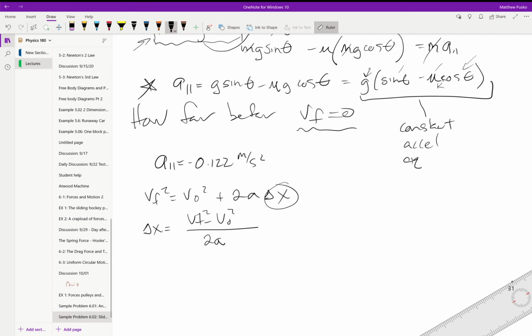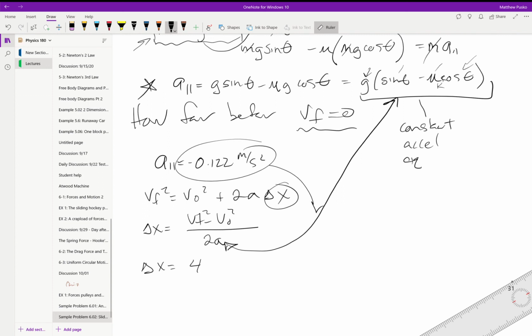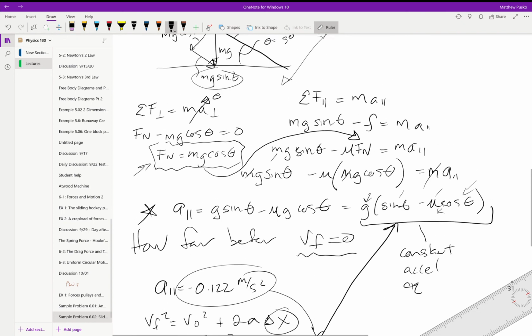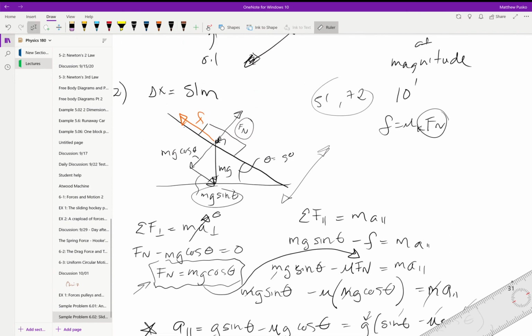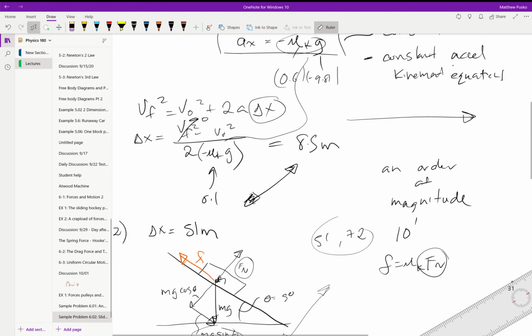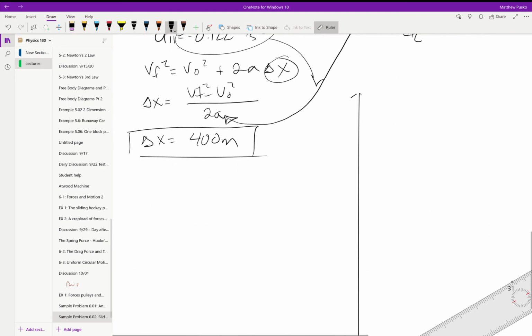Alright, delta x in this case, using our acceleration that we just found, comes out to be 400 meters. Alright, we looked at a case with rubber tires on a dry horizontal road, got 8.5 meters.